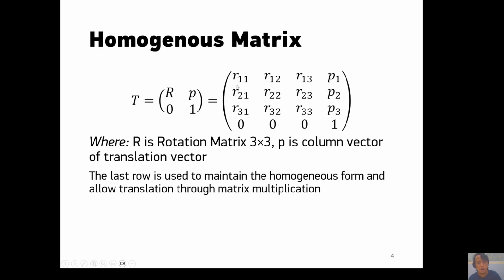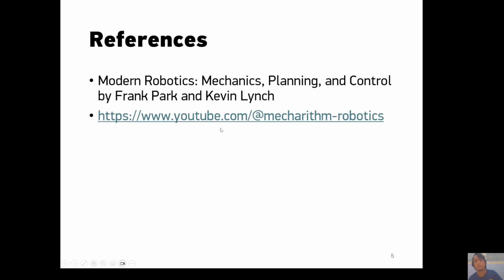It consists of R1,1, R1,2, R1,3, R2,1, and so on. P is the translation column vector, P1, P2, P3. The last row is used to maintain the homogeneous form and allow translation through matrix multiplication.